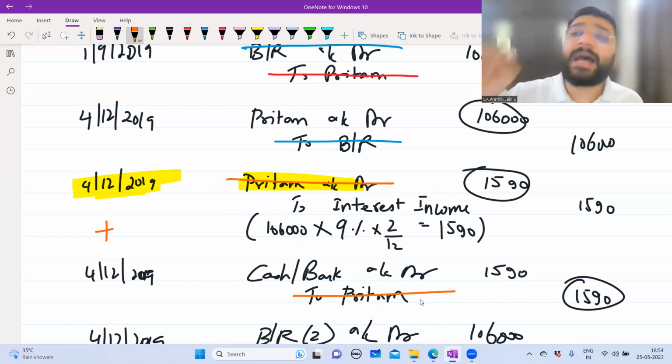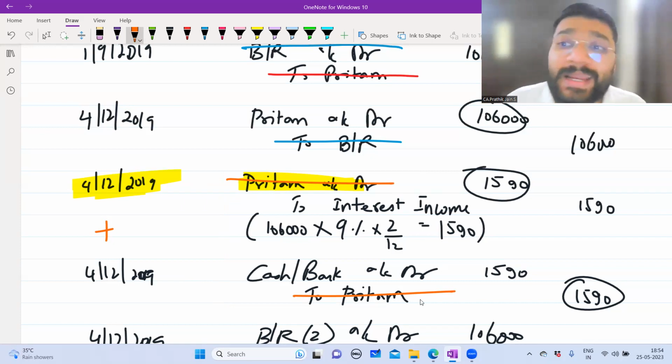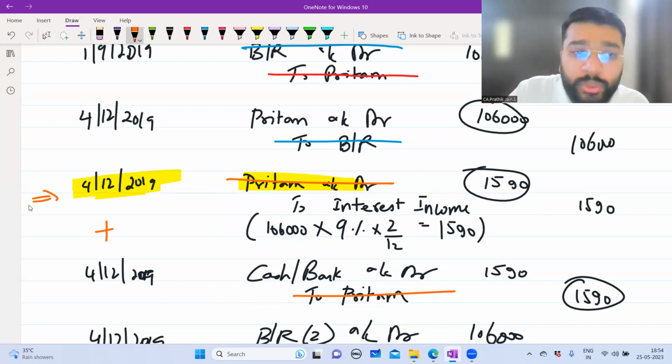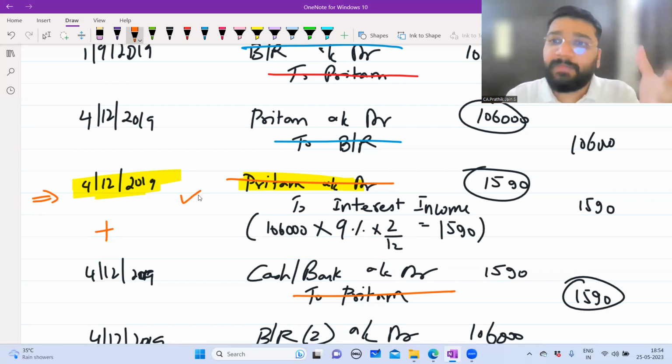Because guys, we always have a habit. First, we create a due entry. Then followed by that, we always create a receipt and payment entry. And one more reason why I'm asking you to do the due entry is that if you're habitual to the due entry, then in a question where it is not stated whether the payment is received or not, you will know that the due entry has to be passed. Whenever you pass a due entry, it is the normal concept, even if you receive the money.